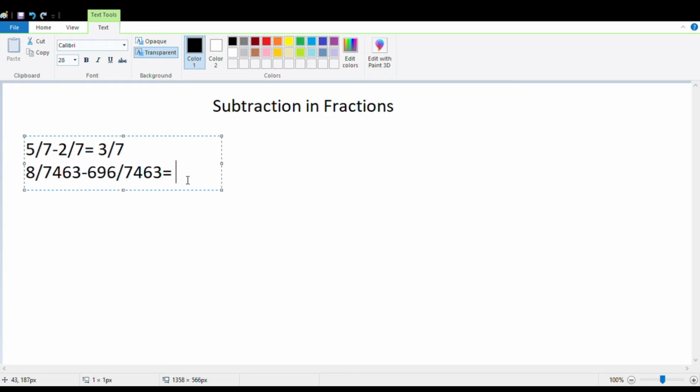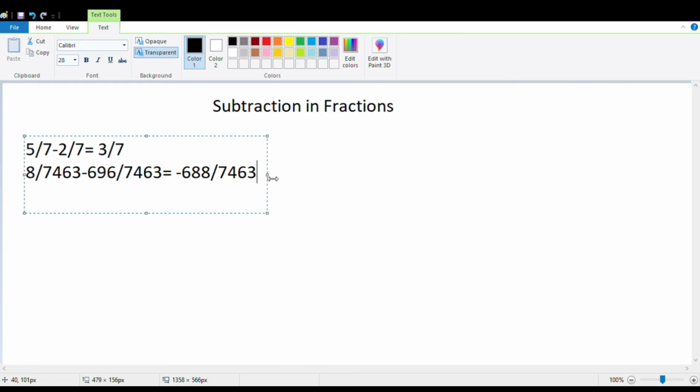You just go with the normal 696. You see the larger number, which you're going to subtract, and the smaller number is going to be subtracted from the larger one. So in this sum, you just do 696 minus 8, and the answer becomes 688. But before the answer, you add a negative, so negative 688 by 7463.